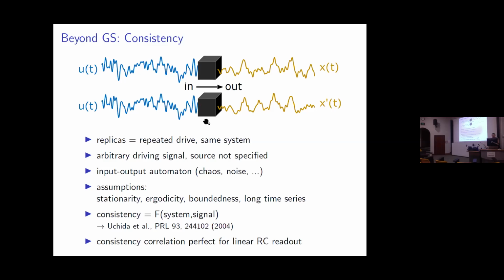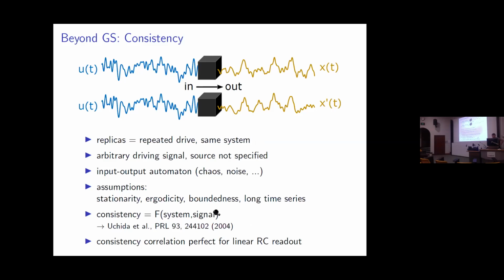That could be some real-world signal or some information-carrying signal, say a page of Wikipedia encoded and somehow injected into your black box. So the concept of consistency is meant to quantify this relationship between input and the state of this black box in a very general setting.